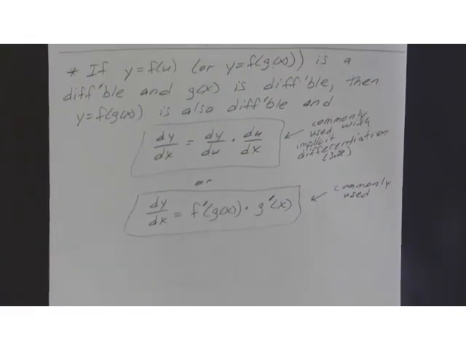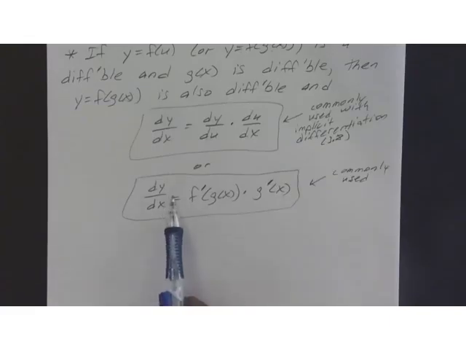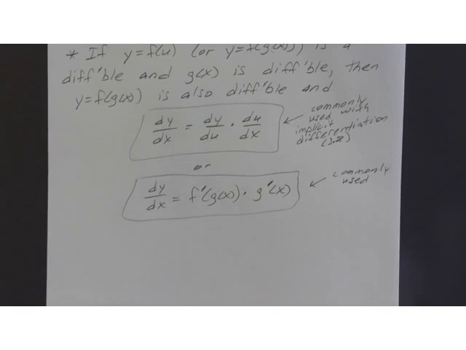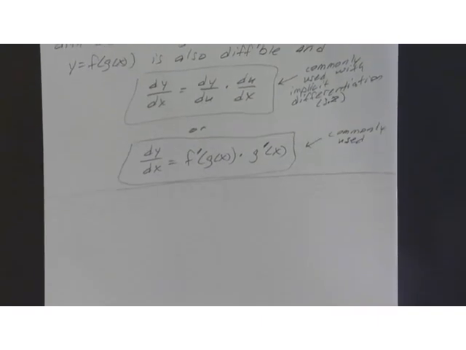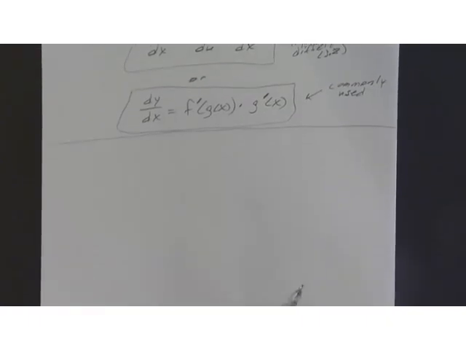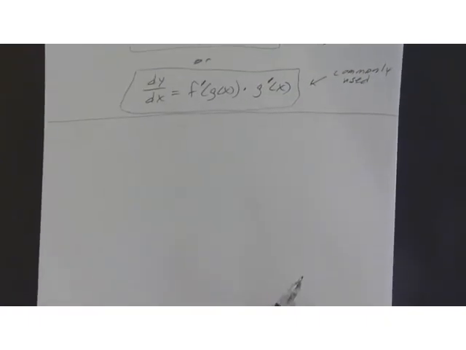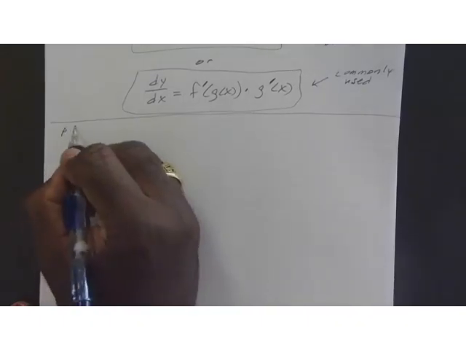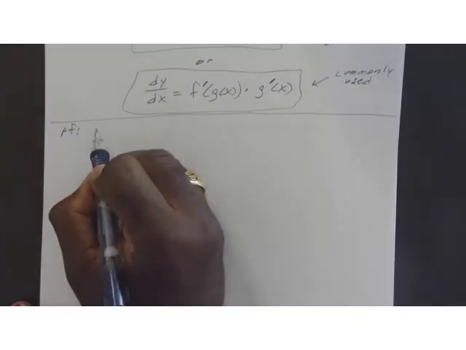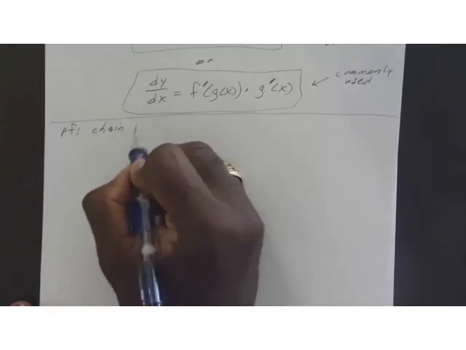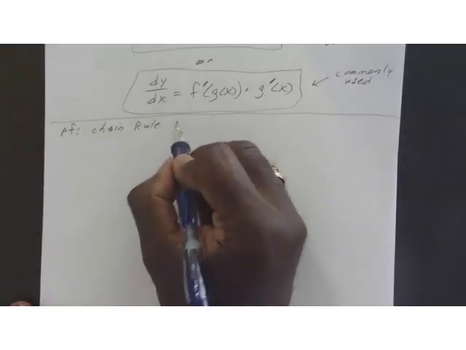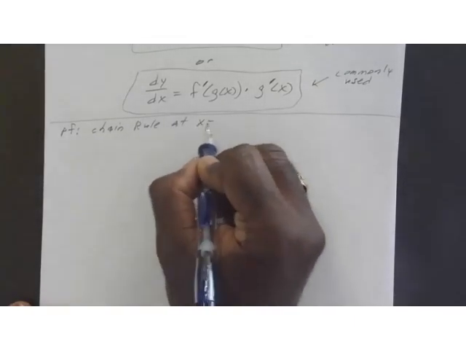All right, so let's prove that the derivative of our compound function is actually equal to that. And this proof is pretty quick. We can probably do it on the lower half of this paper. So the chain rule at some value x is equal to c.